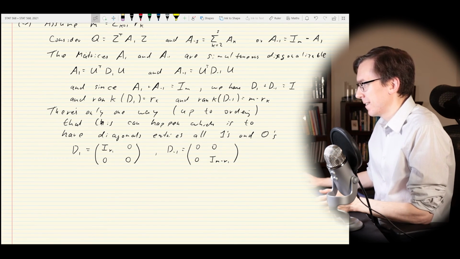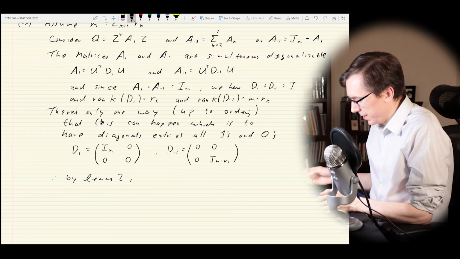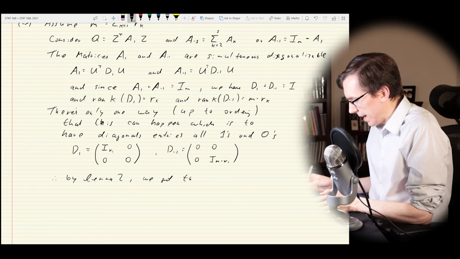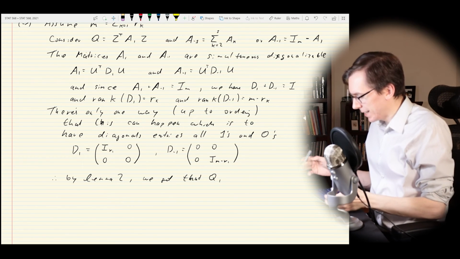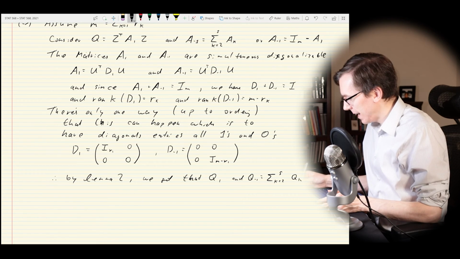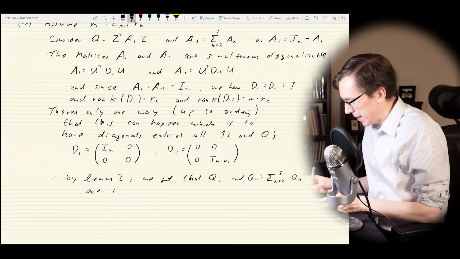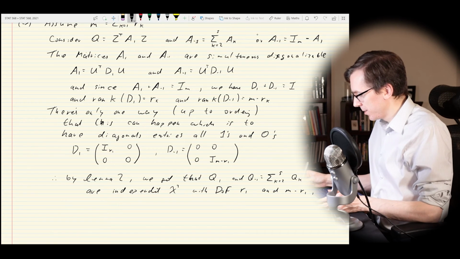And then what do we get? Therefore, by Lemma 2, we get that Q1 and Q minus 1, which we'll define as the sum of Qk from k equals 2 to S, are independent chi-squared with degrees of freedom R1 and M minus R1 respectively.